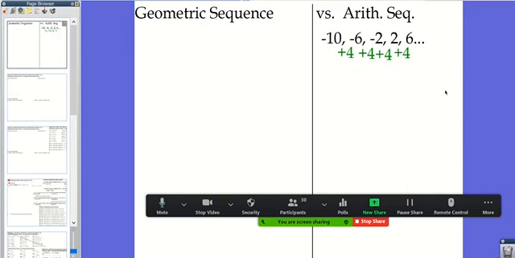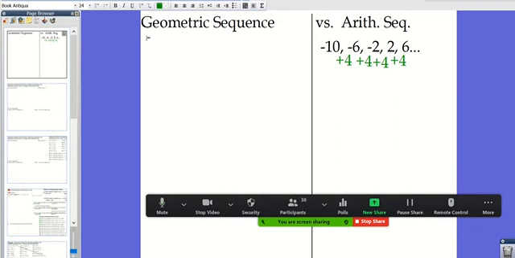Geometric sequence, I'll give you an example of a geometric sequence. Let's go with 2, 6, 18, 54, 162. Can anyone just type in right now in the chat, how did I get from one number to another?